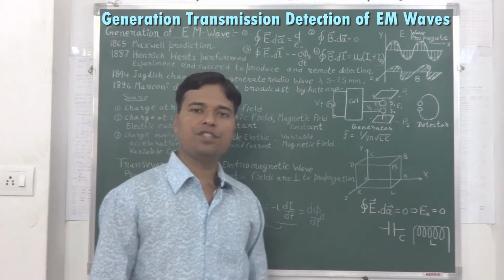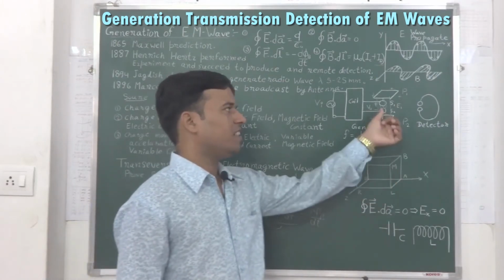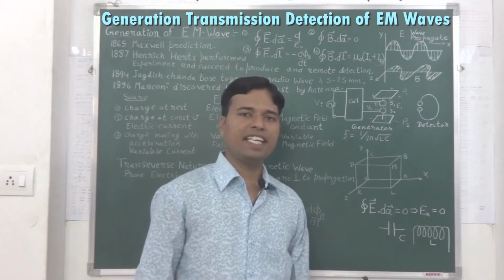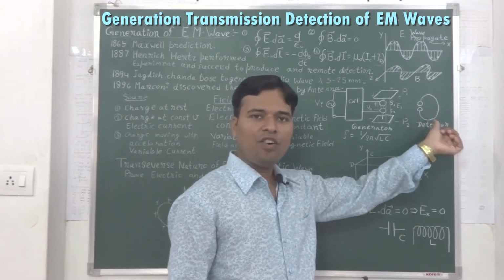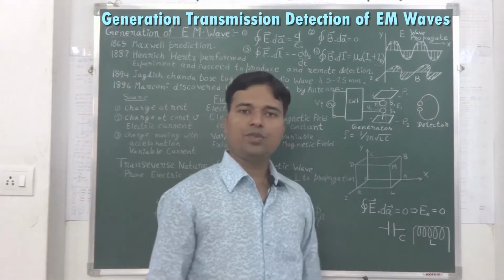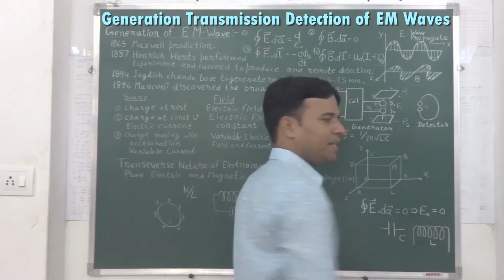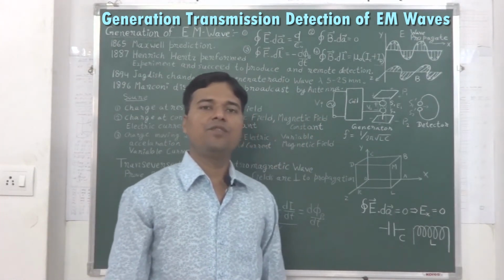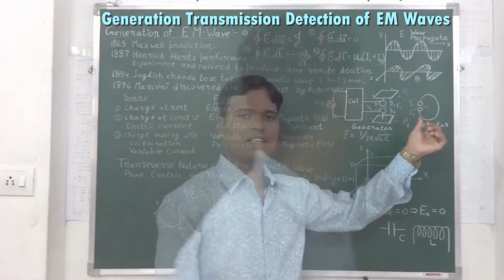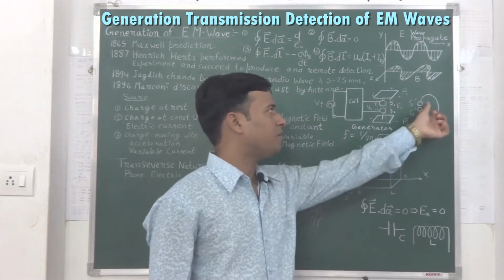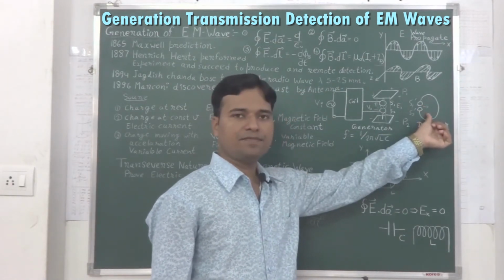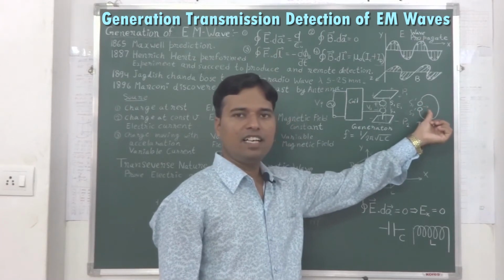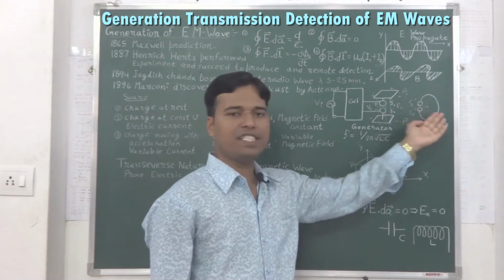The small spark which was made between these two spheres could be seen only in a dark room, but it was amazing that an antenna or a rod which is connected to two spheres having very small gaps, S1 dash, S2 dash, then what Hertz found in the small gap between these two spheres, which is far from this experimental setup, he found here an electric spark without any physical contact.